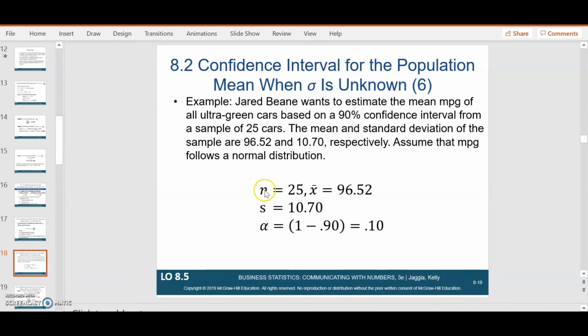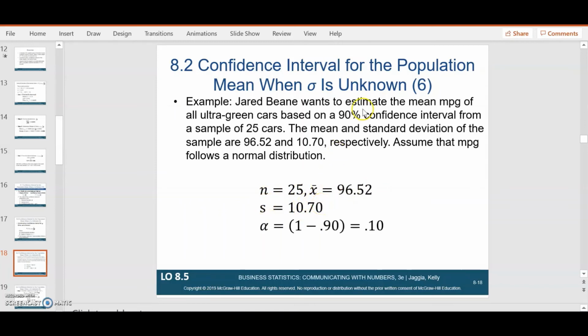So here we know that the sample size is equal to 25 because we have 25 cars, the point estimate, in this case the sample mean, is equal to 96.52, and the sample standard deviation is equal to 10.70.